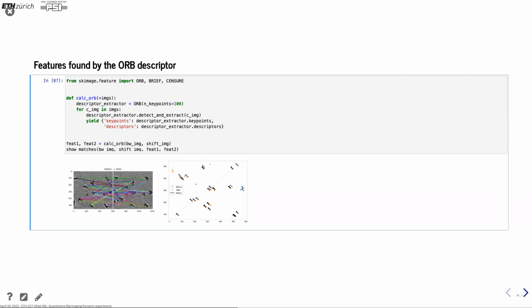Here you can see, first of all, there are a lot of matches. Maybe in the beginning it doesn't look like it makes much sense, but you can see that the main matches are pretty horizontal, which is to be expected because we only had a small displacement. But there are some that found the wrong places, so they're going a bit more across.